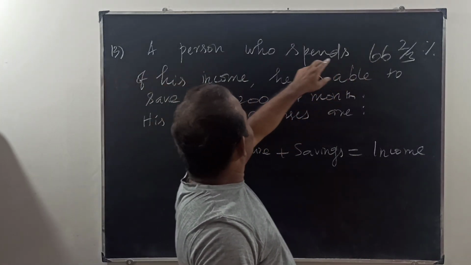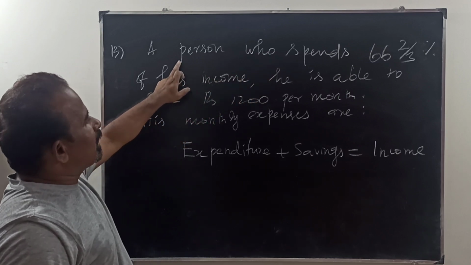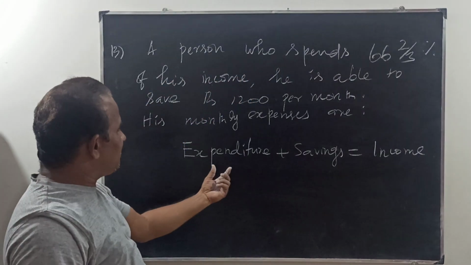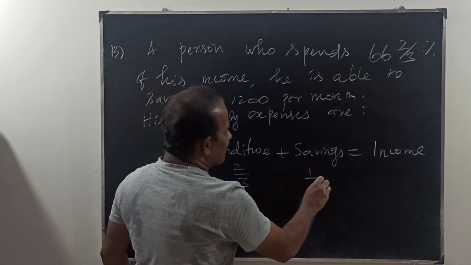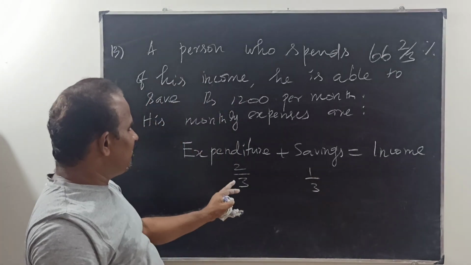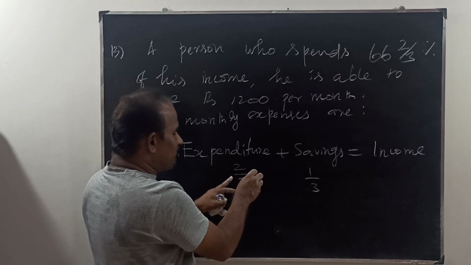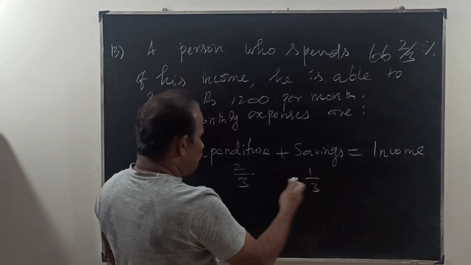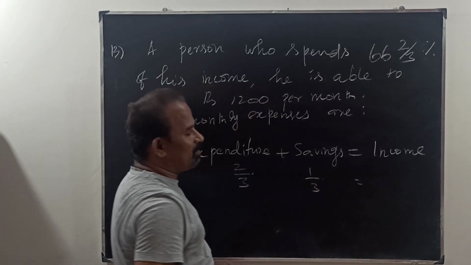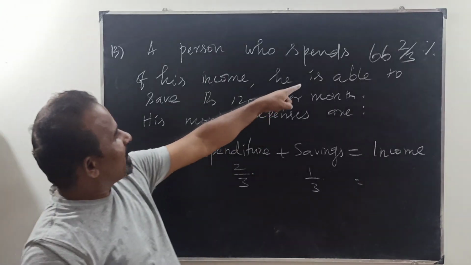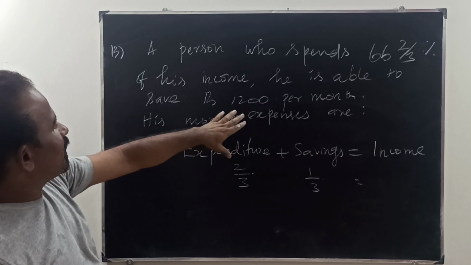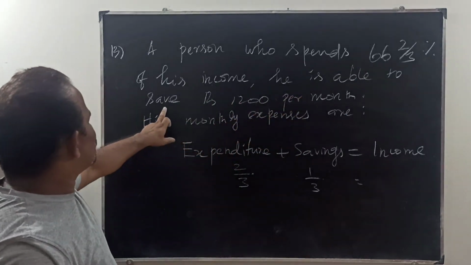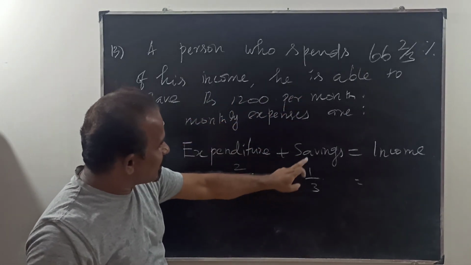About 2/3 is for expenditure, and about 1/3 is for savings. Then 2/3 of income plus 1/3 of income, if you add it, you will be getting income. 2/3 is expenditure, so therefore 1/3 is savings.